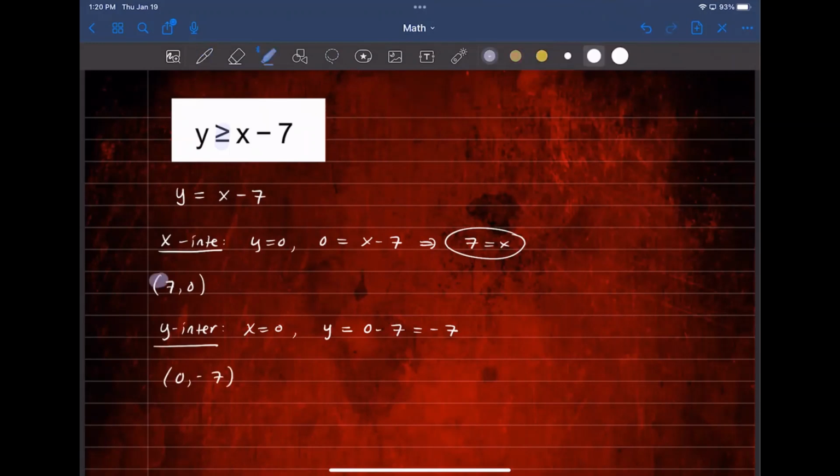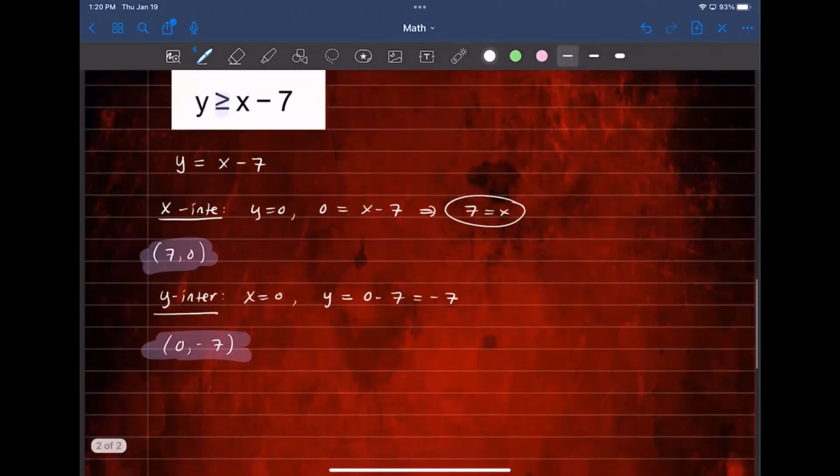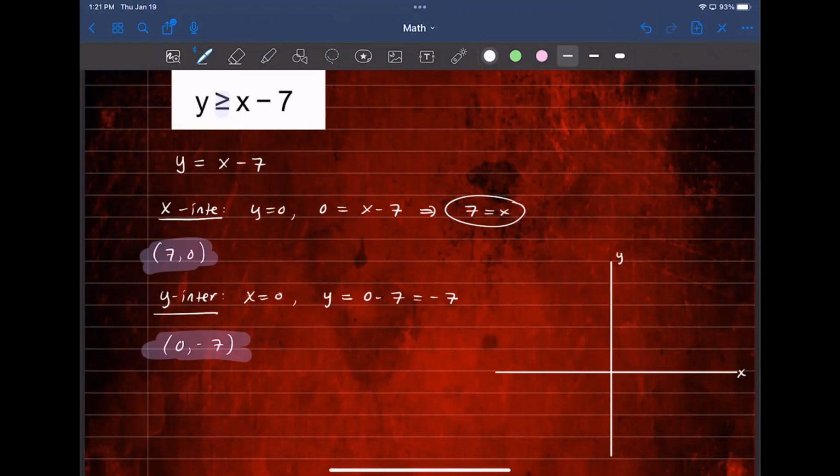So now that we have these two magical points, graphing it is very easy. So we can draw the boundary line first, and then we'll pick a point to shade in which direction this inequality is satisfied. So here's our xy plane. Let's call this x, this is y. So the x-intercept is (7, 0). Let's suppose 7 is here.